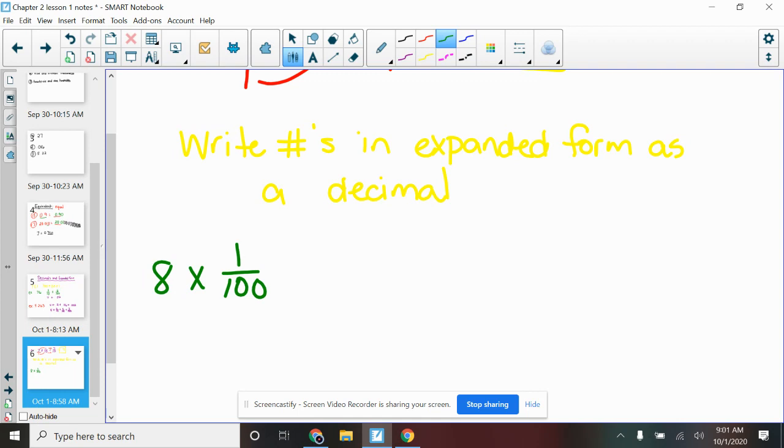Yes, because that's a decimal. What's this going to look like? Lily, what's this going to look like as my final answer as a decimal? 0.08.